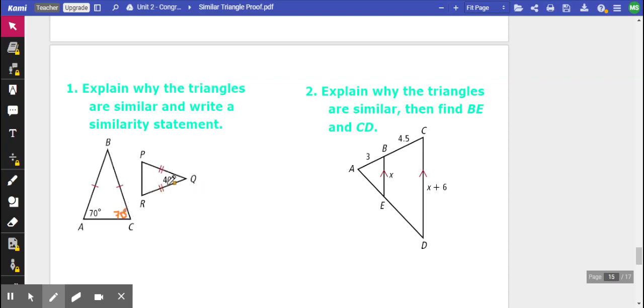And then if we look over here, we have 40 degrees at the top. So that would mean that we have two angles down here that are equal to each other and would add to 40 to make 180. So it's basically like saying 2x plus 40 would end up equaling 180.